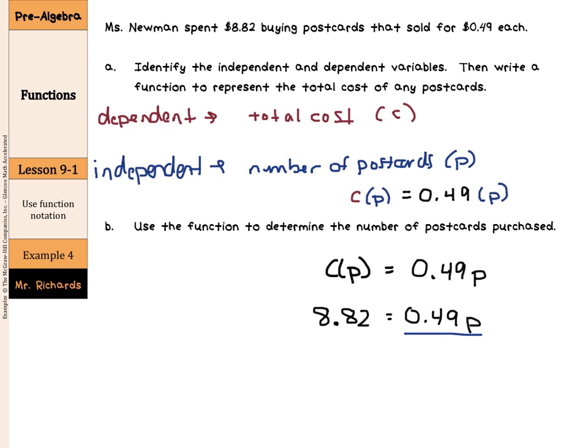And if we divide by 49 cents here on both sides, this cancels, and we get an answer of 18 equals P. So she bought 18 postcards at 49 cents each for $8.82. That is it for this lesson on functions.